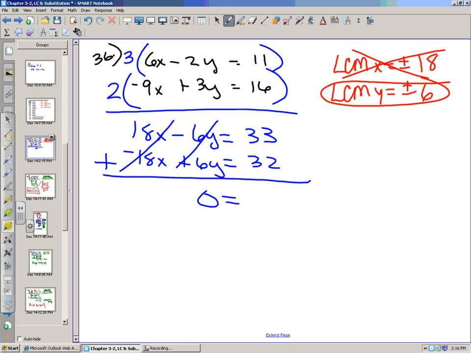Both of those cancel out, and you're going to be left with 0 equals 65. Does anybody find that to be an issue? I find it to be an issue because 0 will never equal 65. So therefore, there is no solution. And what do we know about these lines? The lines are parallel.